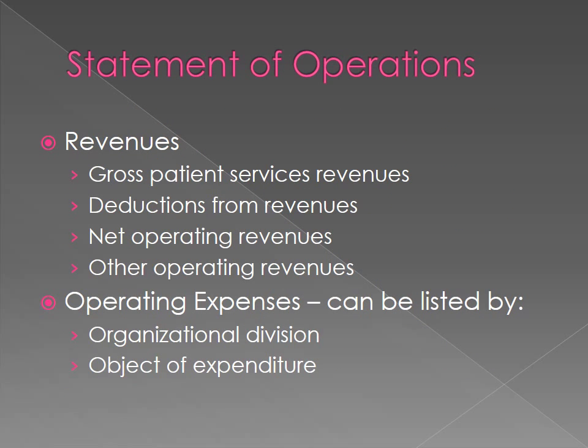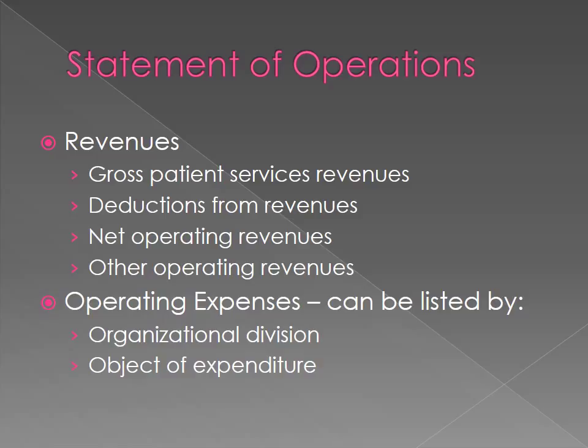So let's talk about a statement of operations, or the income statement. The statement of operations records all revenues, like gross patient services revenues. It records also any deductions from revenues. And of course, then there's the net operating revenues, the gross patient revenues minus the deductions from revenues.